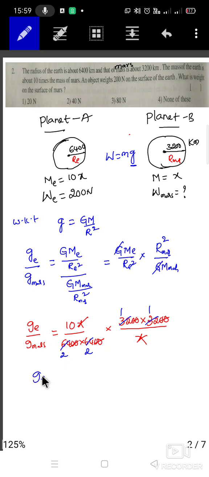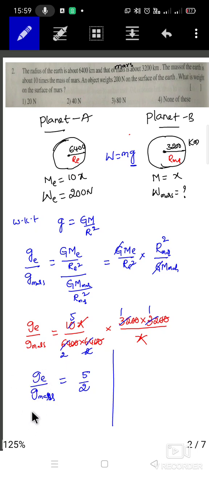So in this condition, gE by g Mars is equal to, here 10 is there. Now 2 ones and 2 fives also get cancelled. Now 5 by 2. So from this equation I am going to write gE, now multiplied with m by m, it becomes weight.